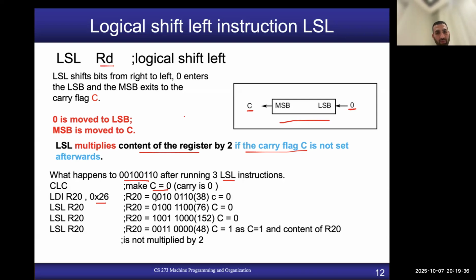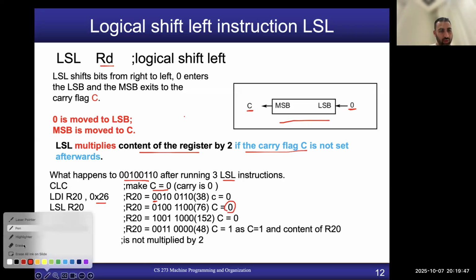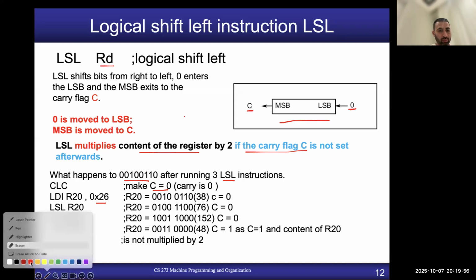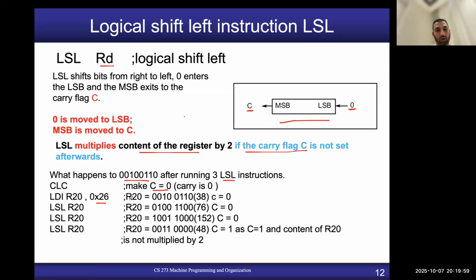So this 0 will go to the carry here. Sorry, let me erase. So when you say LSL R20, this 0 will be moved into the carry flag here, and the older carry value, which was 0, is fed into the least significant bit position here.